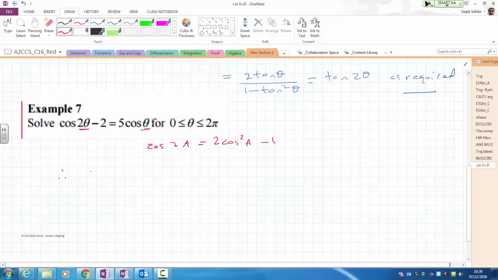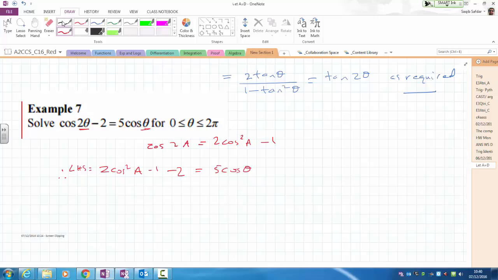And therefore, the left hand side is 2 cos squared theta take away 1 and then take away 2. And that equals the right hand side, which is 5 cos theta.